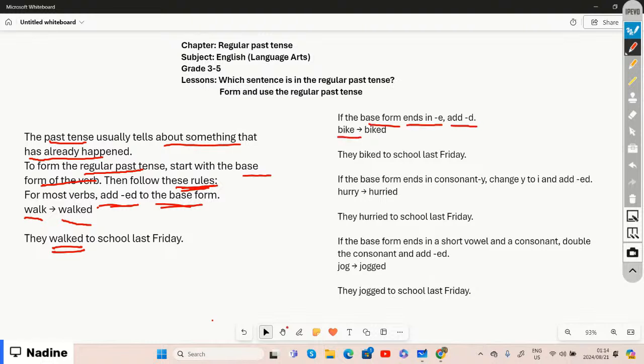For example, bike, and then in the past we can say biked. Or another word would be dance, but in the past, we can say danced. You see, the word dance ends with an e, and then we just add a d.